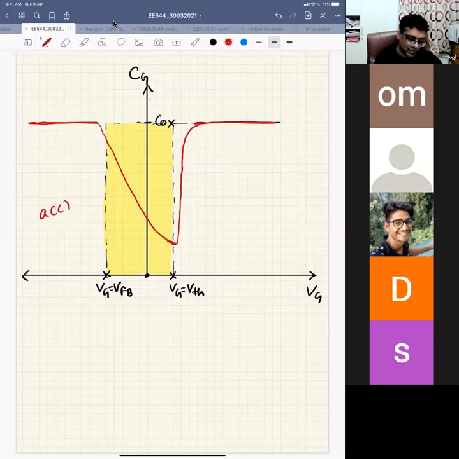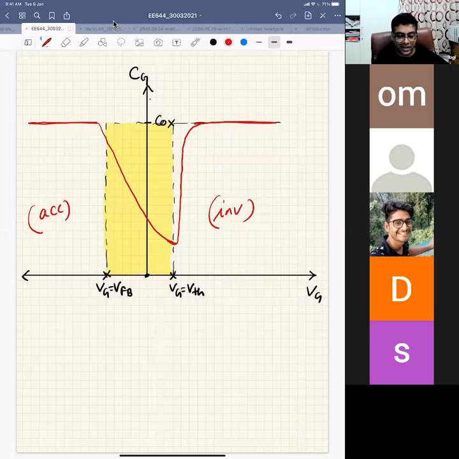In the accumulation, your capacitance is Cox, and in inversion, your capacitance is Cox, and in between there is a change. There the capacitance will reduce with increase in VG. This is because your depletion width is increasing.